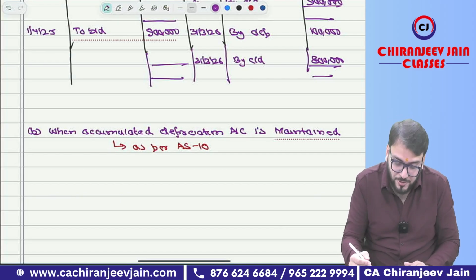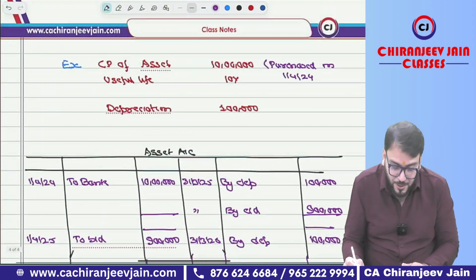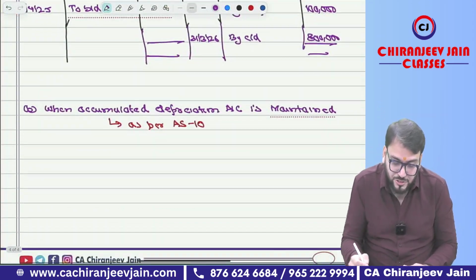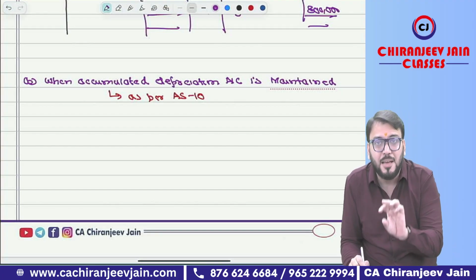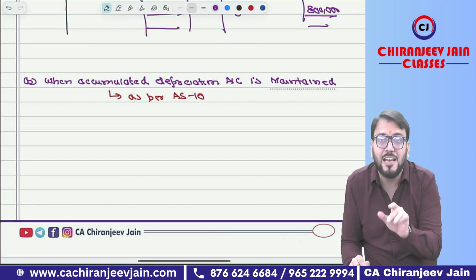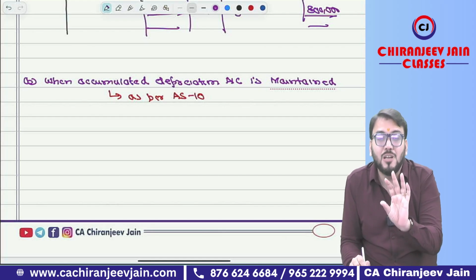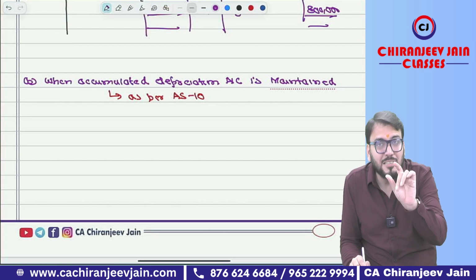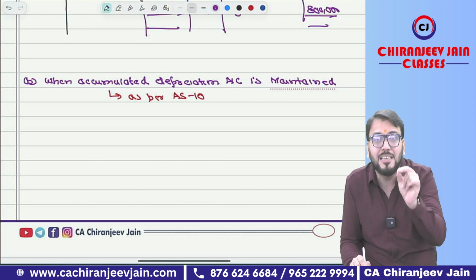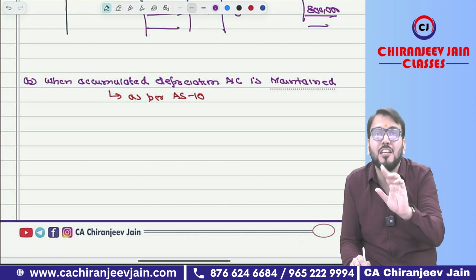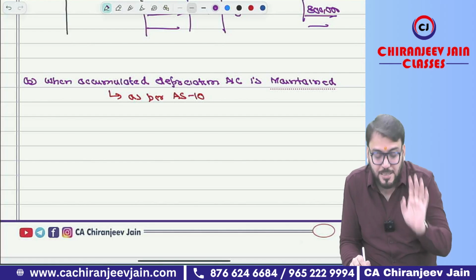So in this case, what will be our journal entry? The journal entry for depreciation will be depreciation account debit to accumulated depreciation. Means we'll accumulate depreciation every year in one account that will be known as accumulated depreciation account. Are you getting what I am saying? So we'll debit depreciation account but will not reduce asset account. We'll accumulate the entire depreciation of every year in one special account known as accumulated depreciation account.